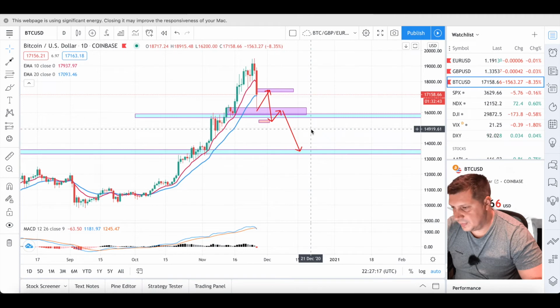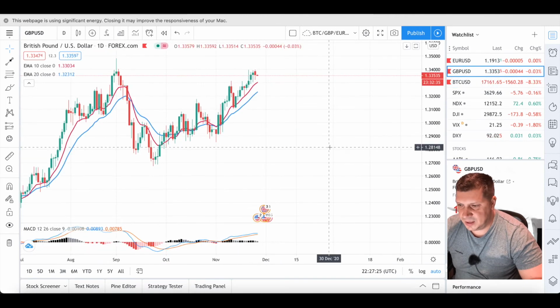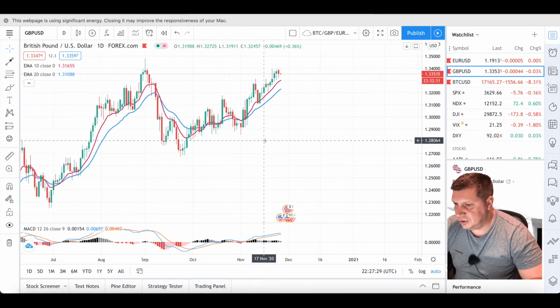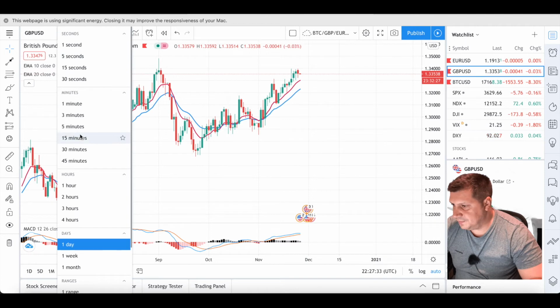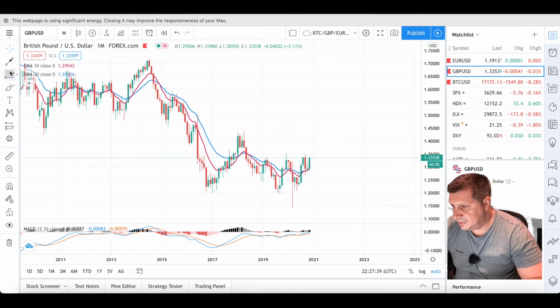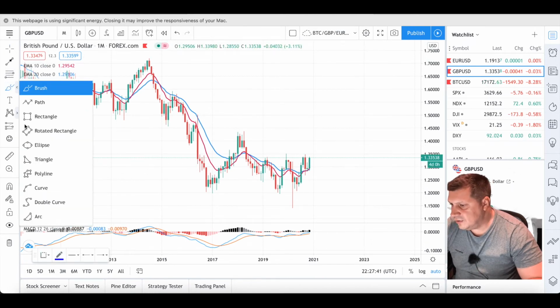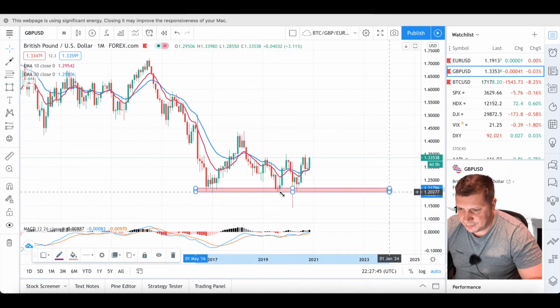This is basically it on Bitcoin, and also I have another pair here. This is GBP, British Pound, versus Euro Dollar. So the situation on GBP is pretty much the same as Euro Dollar, except we have a very strong support on a monthly right here.